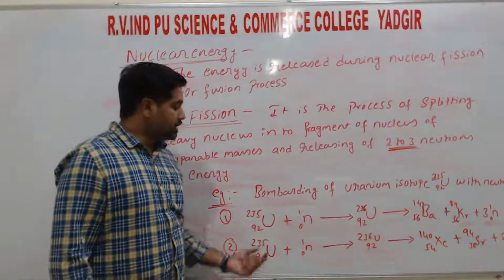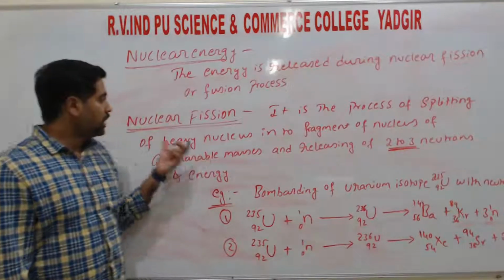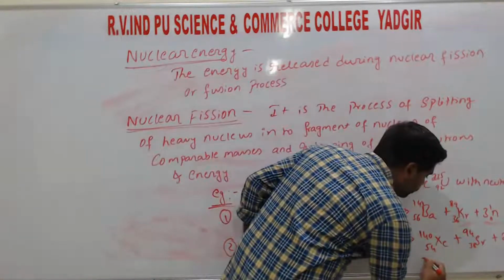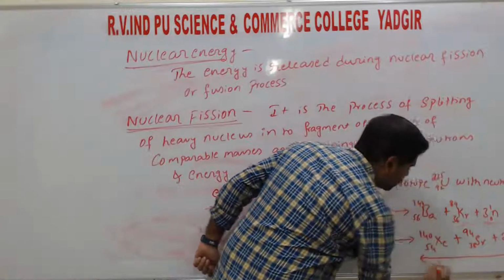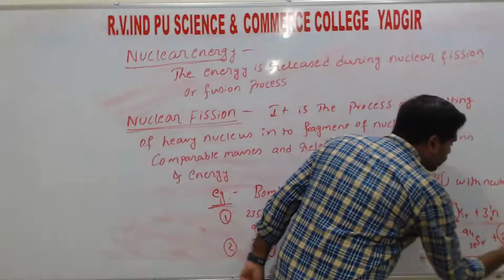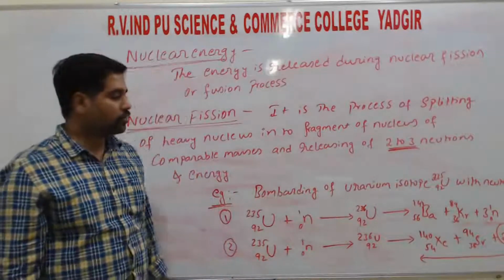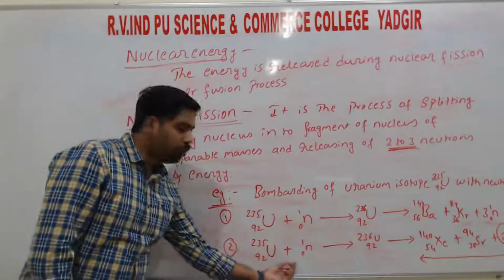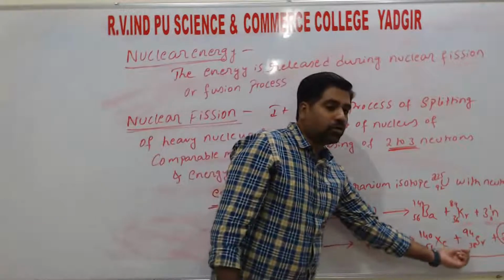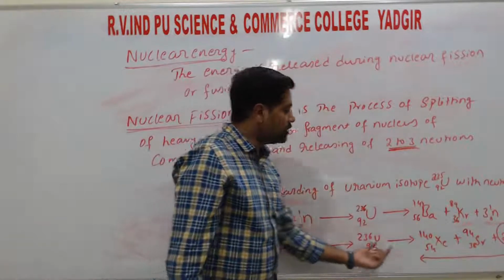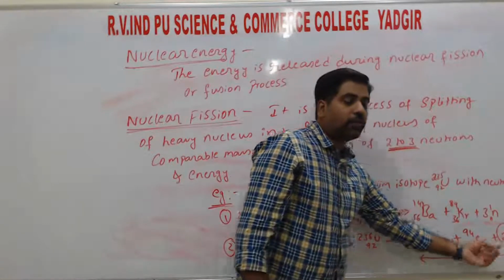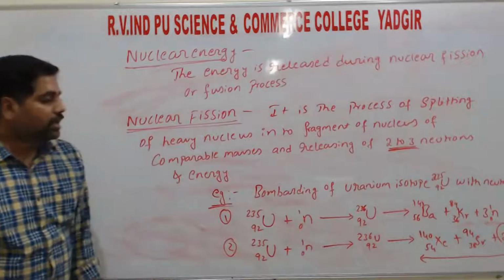The energy which is released during the nuclear fission process, the splitting of the uranium into its constituent nuclei, is utilized as the kinetic energy of these fragments along with the kinetic energy of the neutrons, right?